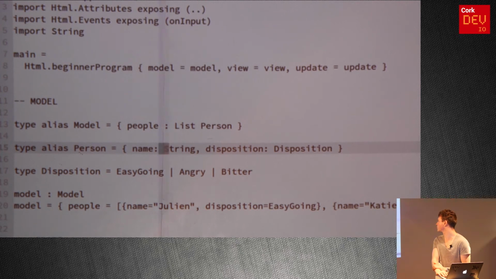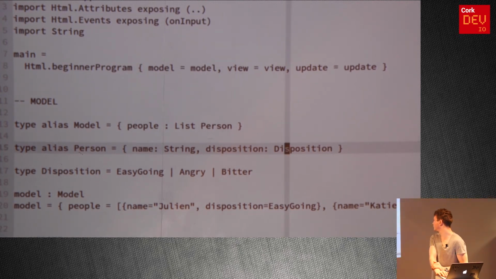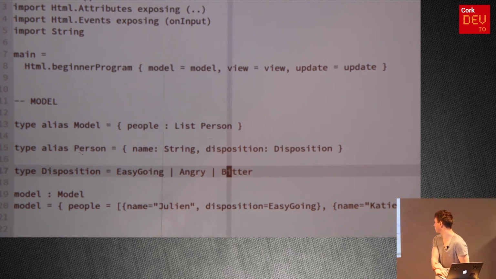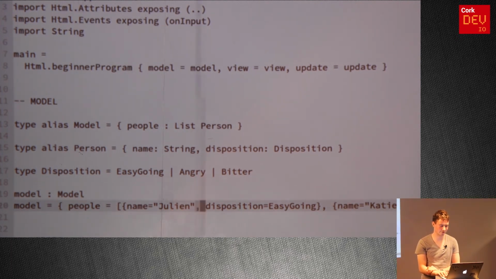What is a Person? A Person is a record with an attribute name and a disposition of type Disposition. And a Disposition can either be Easygoing, Angry, or Bitter. Luckily, the last time I met Julian, he was in good form, so he gets Easygoing. And we have Katie as Easygoing too.